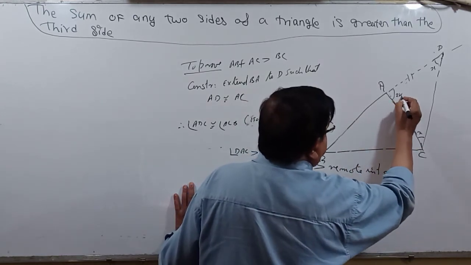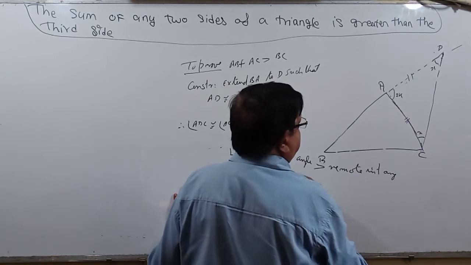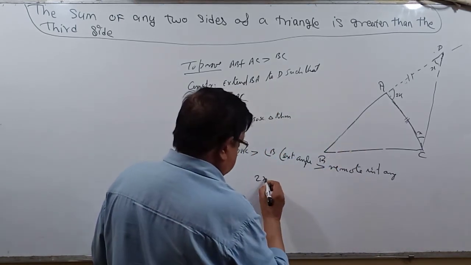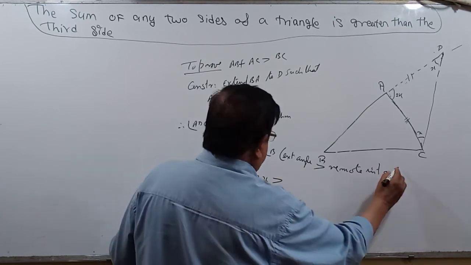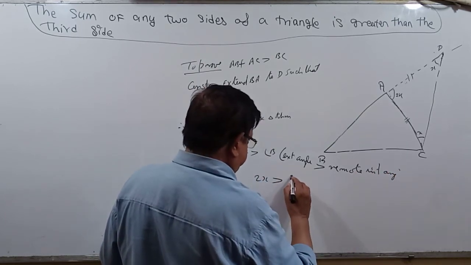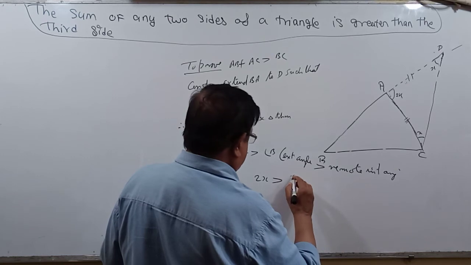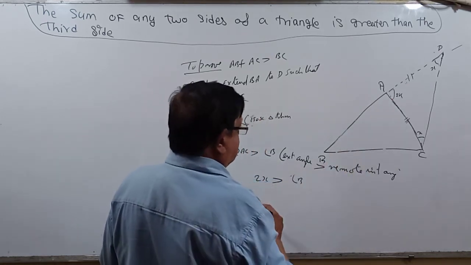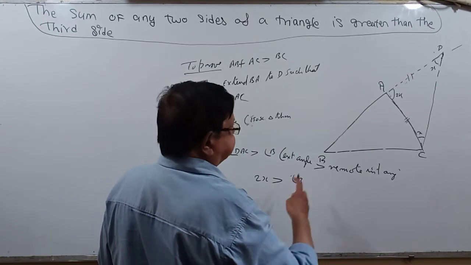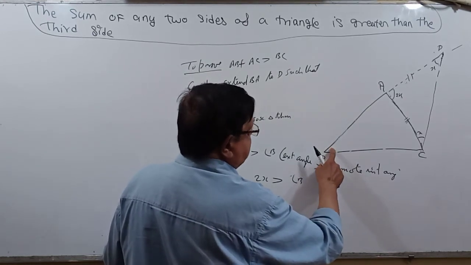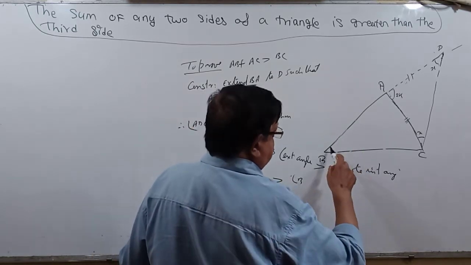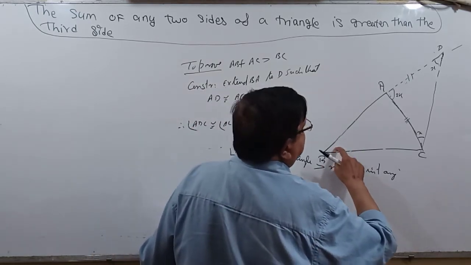This is 2x. 2x is greater than b. X is greater than b. Therefore, b is less than this.